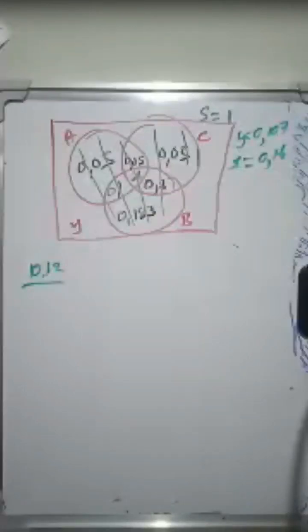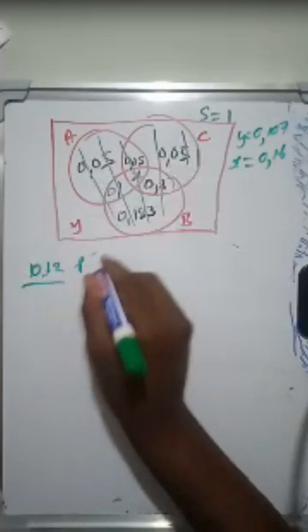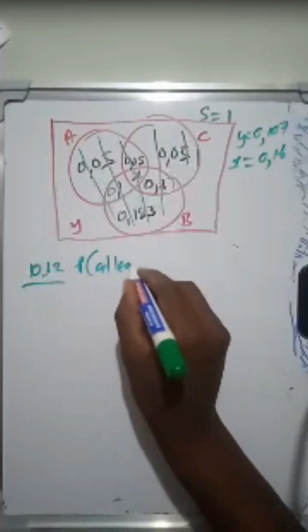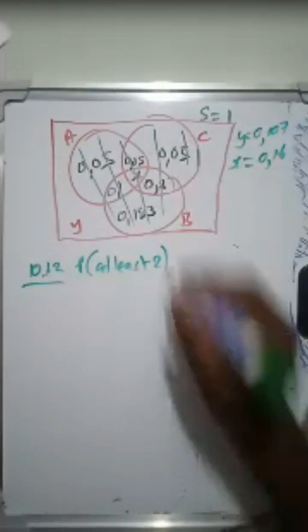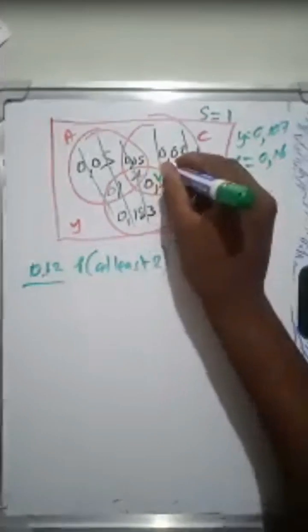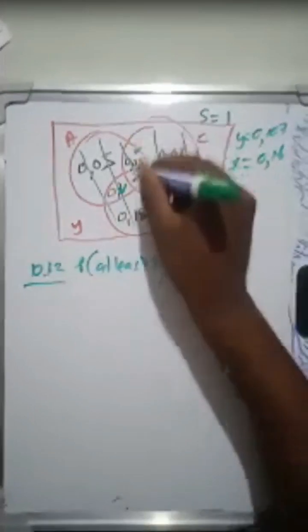Probability at least 2. So it means 2 or more, right? So what is 2 or more? We are here, here, here, and here.